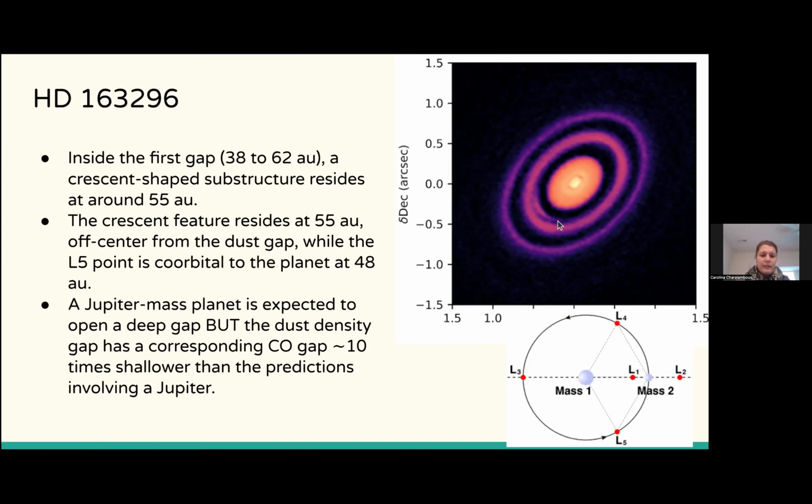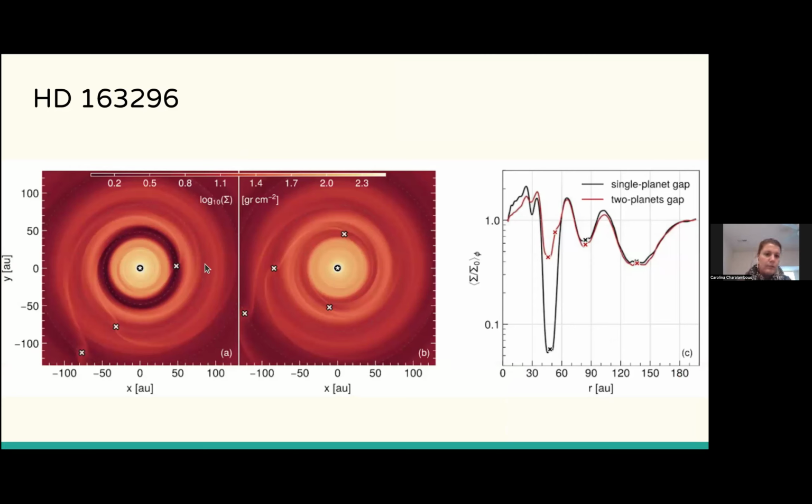And the other thing that was not able to be explained before is that the depth of the gap that is measured in CO is much shallower than what a Jupiter mass planet would produce. So what we did was to perform hydrodynamical simulations with 1 planet, a Jupiter mass planet, and 2 planets with lower masses.